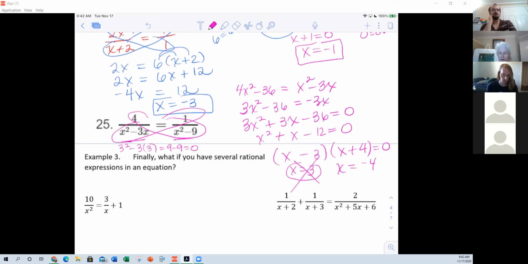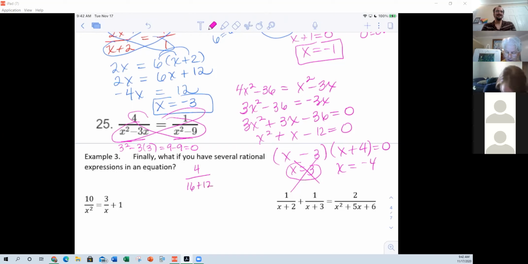You might want to check it just to make sure that it actually works. So if we said 4 over -4 squared, which is 16, minus 3 times -4, which would be plus 12, does that equal 1 over 16 minus 9? And that would give us 4 over 28.